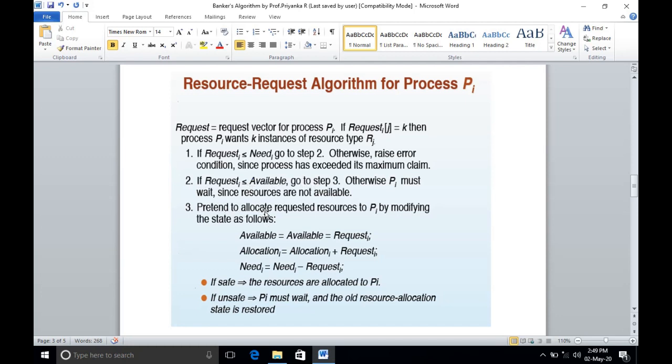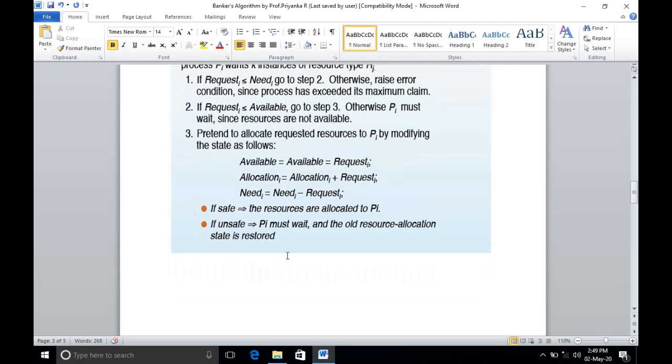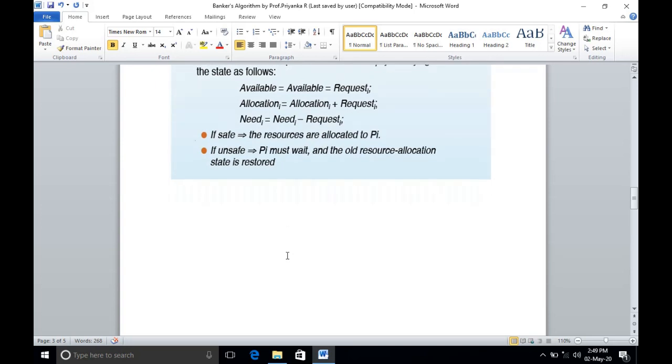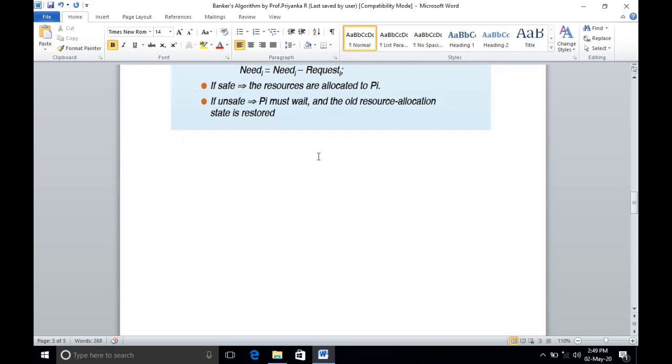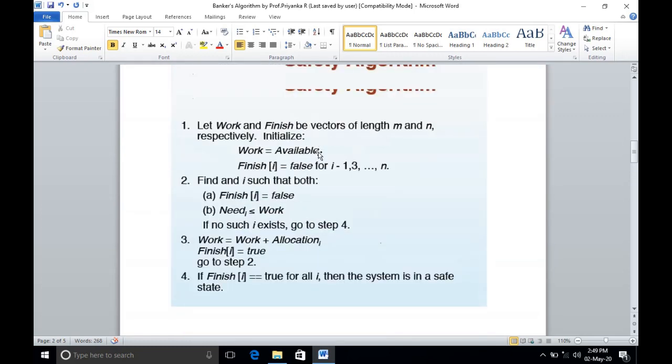Pretend to allocate the requested resources to Pi by modifying the state as follows: Available is equal to available minus request, allocation is equal to allocation plus request, and need is equal to need minus request. If safe, then the resources are allocated to Pi. If unsafe, Pi must wait and the old resource allocation state is restored. So this is the resource request algorithm.